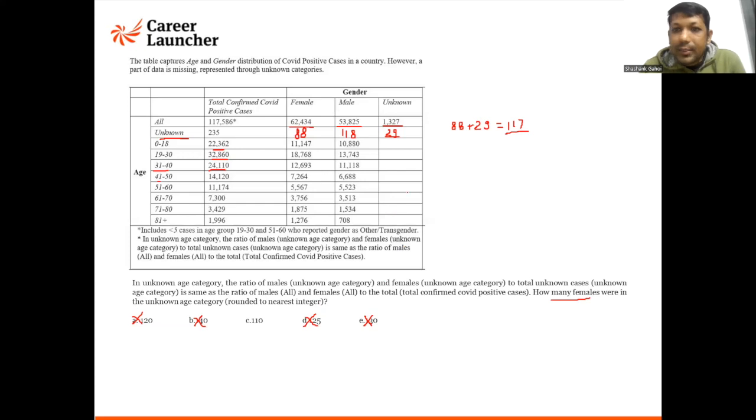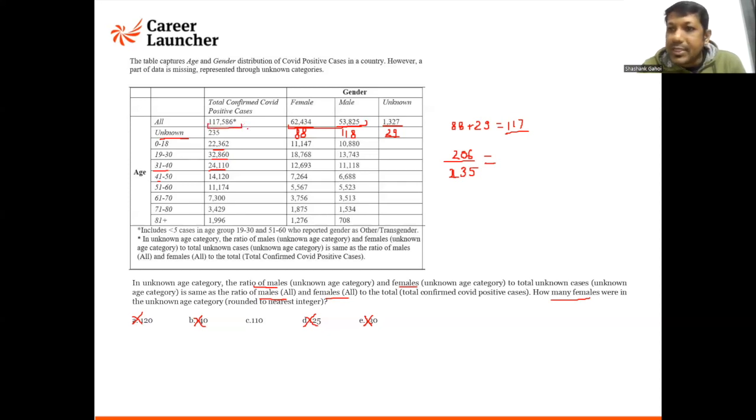But the problem here is it says the ratio of males and females to total unknown cases, meaning if we add up both the values, the sum comes out to be 206, divided by 235. This ratio should be equal to the ratio of all males to all females, meaning this sum divided by this.